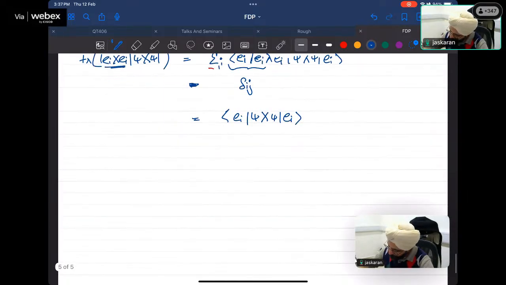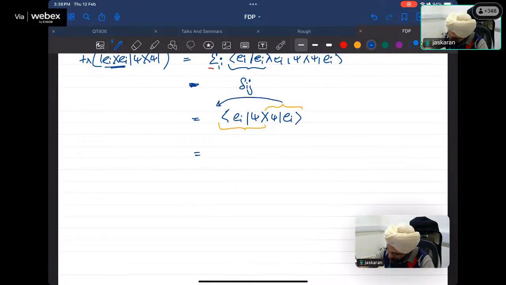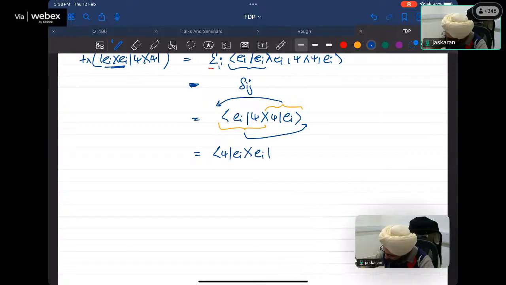And now again notice that I have two scalar quantities, the first one and the second one. Since they are scalar, I can move them around. So what I do is I just take this quantity, move it around here. I take this quantity and move it back here. So what I get is psi EI EI psi. So I just took the second quantity and moved it to the front.